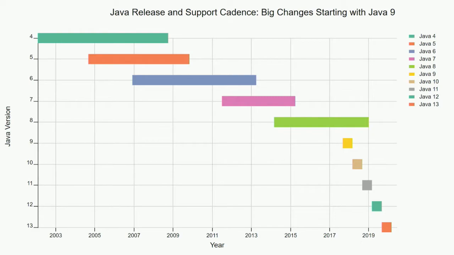So what do we see here? Starting with Java 9, which came out a year ago, there's a very different cadence, for 9, 10, 11, 12, 13. They have switched to a 6-month release cycle, so every 6 months a new version of Java is coming out.